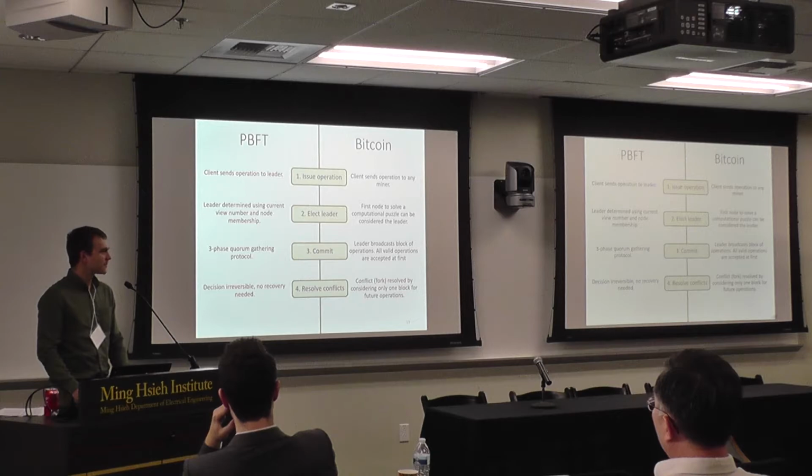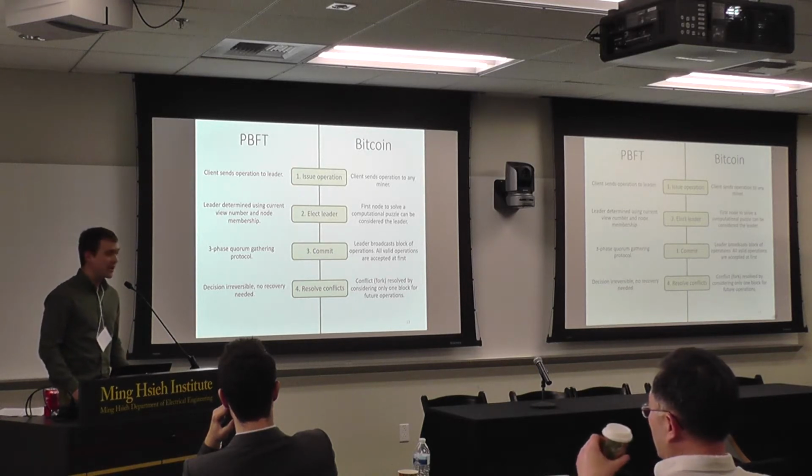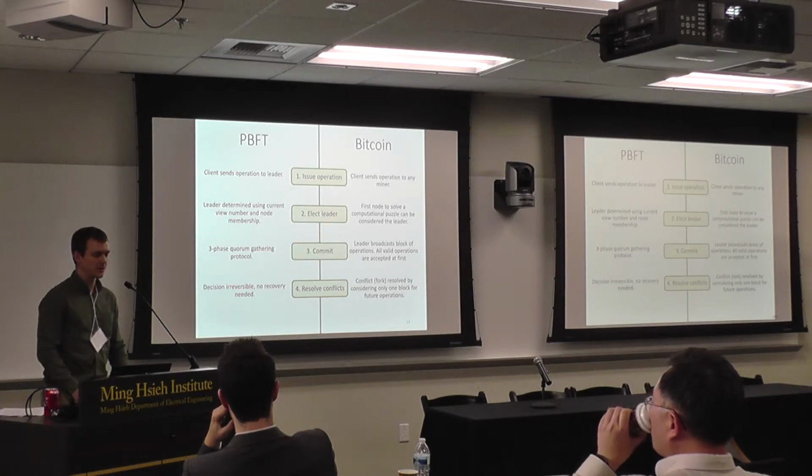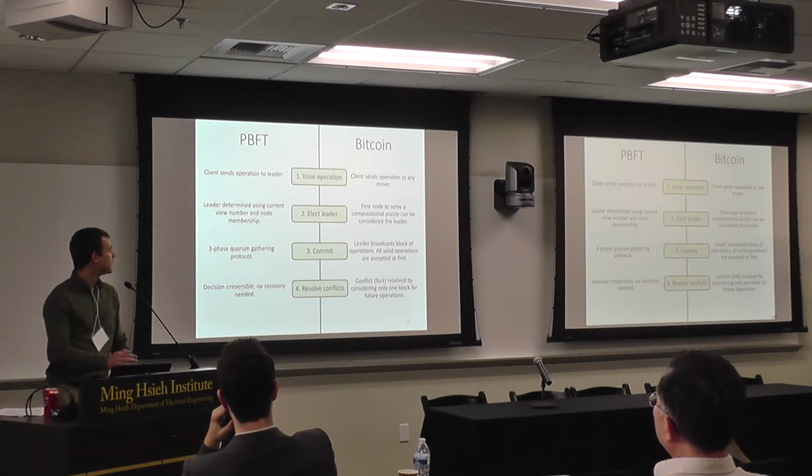All right, so let's look at the first step. In the first step, there actually is already a difference, because in PBFT, the client just needs to send an operation, if it wants it to be executed, to the leader. This is quite straightforward, and the client usually even knows who the leader is and can send the operation just there.